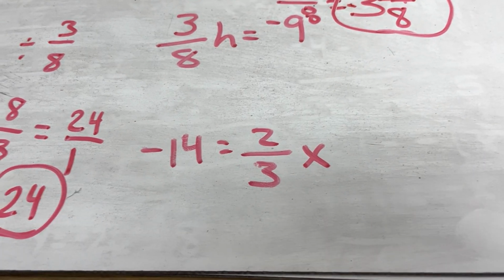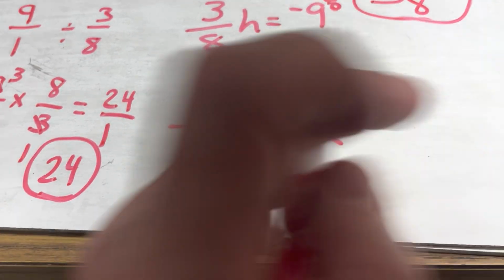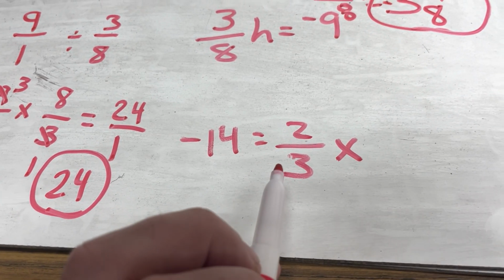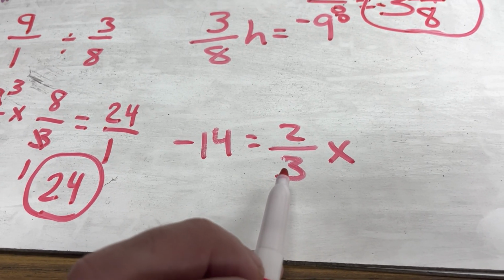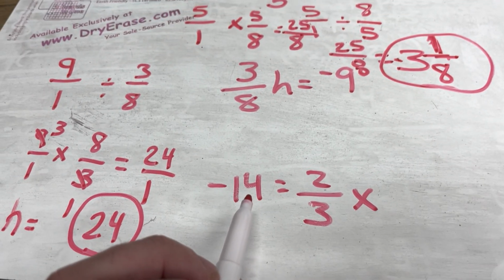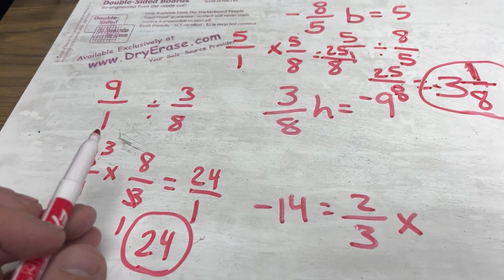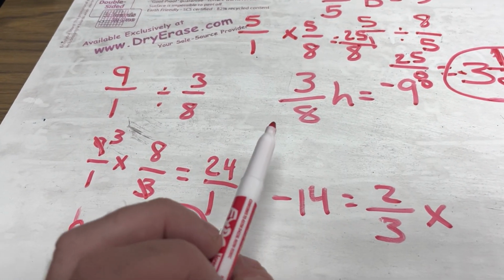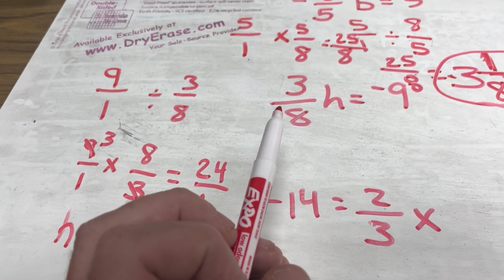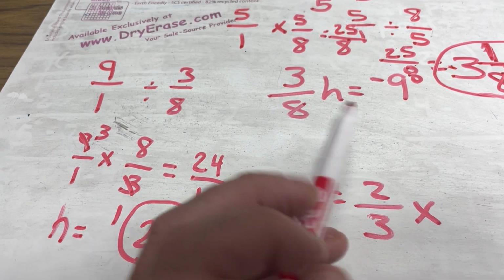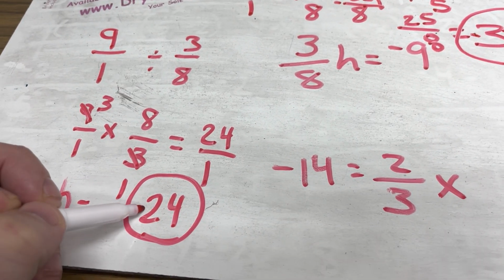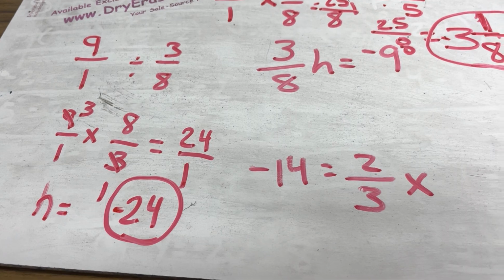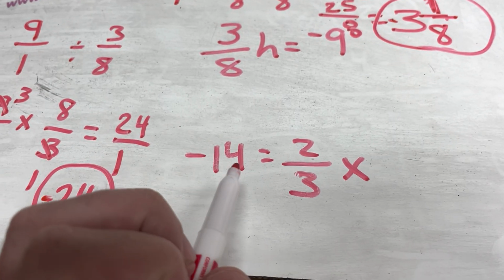All right, last one. Negative 14 equals 2 over 3x. I almost forgot, on the previous one, this is 3/8 and that's a negative 9, so my final answer is going to be a negative 24. We're doing the same thing here.